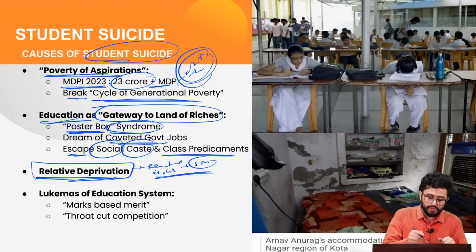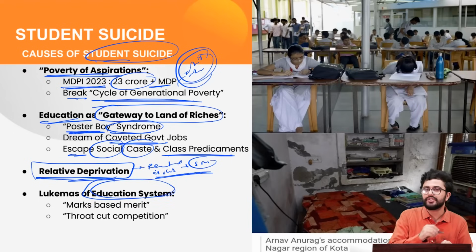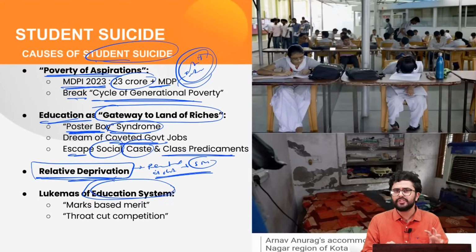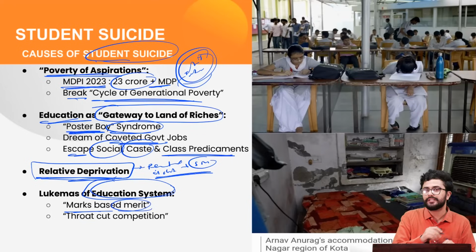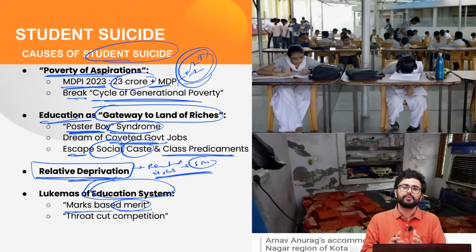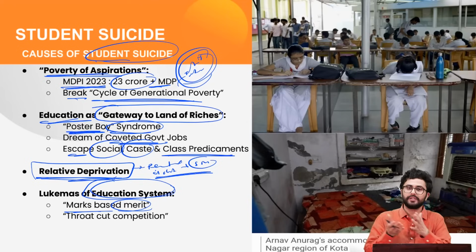by the loopholes which exist in our education system, which instead of being value based, is a completely marks-based merit system, obviously induced as a gift by our colonial legislators.